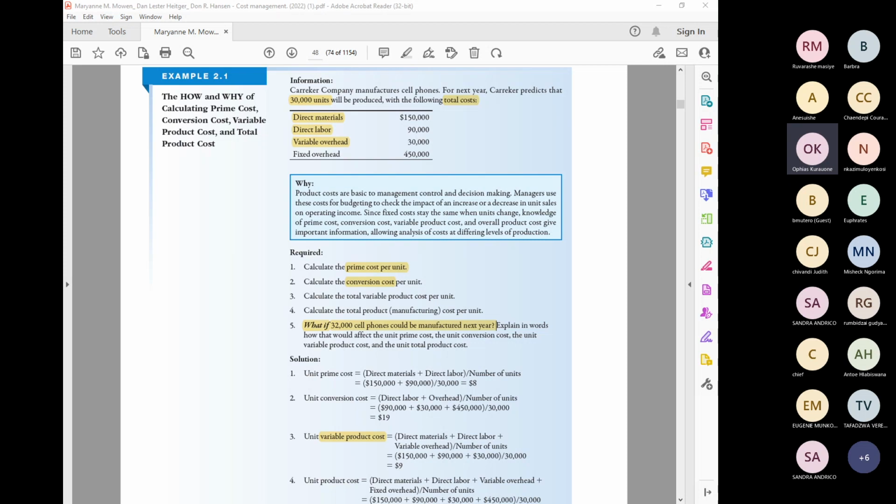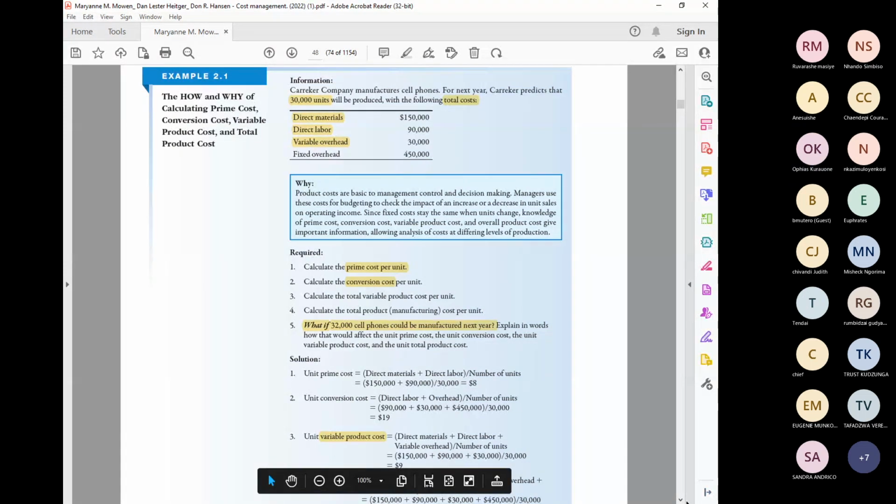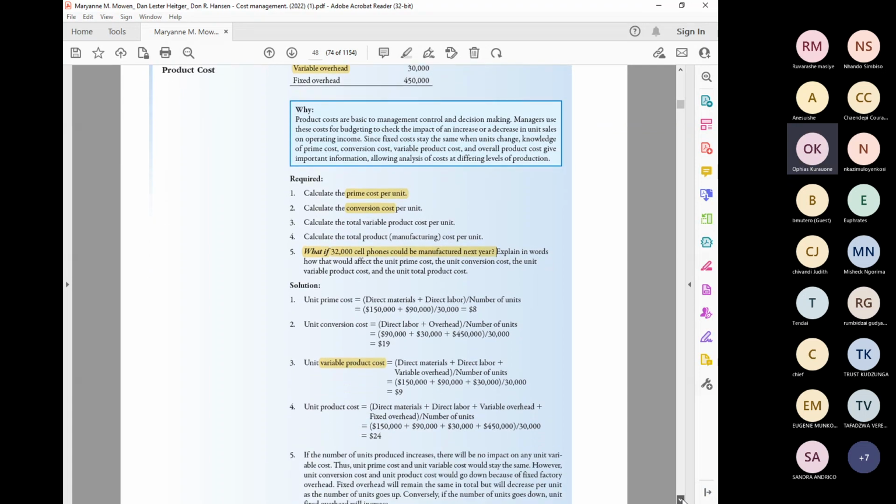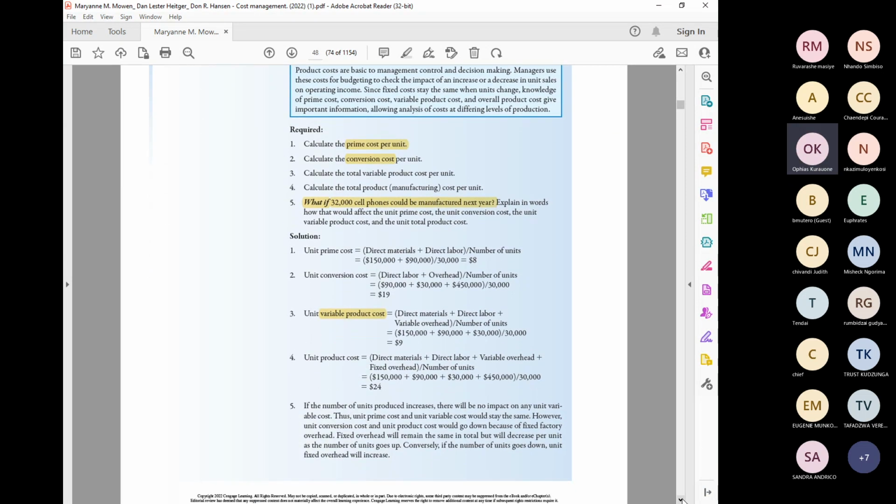For example, 450,000 fixed overhead divided by 30,000 is higher than 450,000 divided by 32,000, because we now have a bigger denominator. So if you produce more, the fixed cost per unit is going to be very much lower.